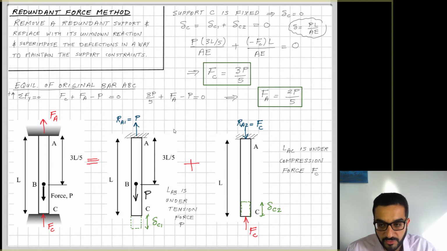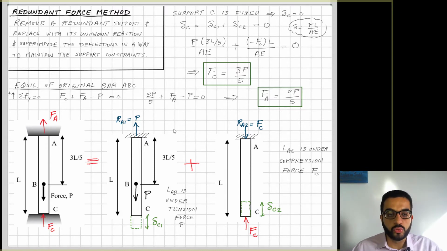Now I have a second case. Adding the impacts of cases 1 and 2 together represents the original case I had, and I was able to solve for the two unknowns. So that was the first method to solve statically indeterminate members.